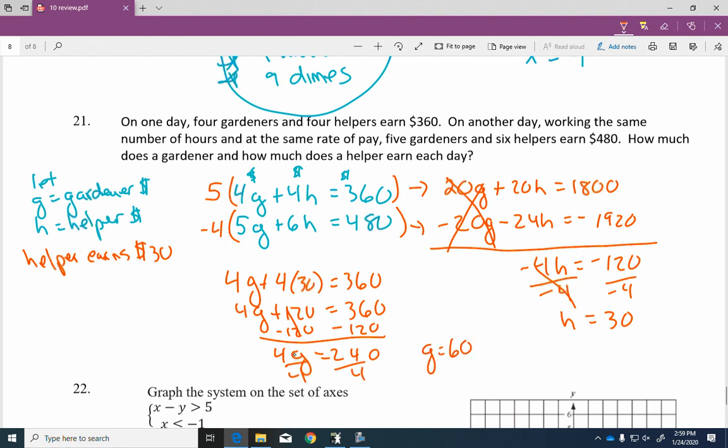And I got 60, which means a gardener earns $60.